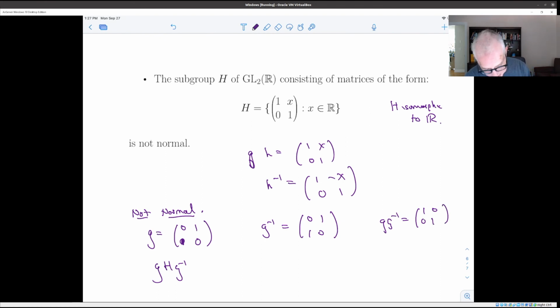And what is GHG inverse? Well, it's [0, 1; 1, 0] times [1, x; 0, 1] times [0, 1; 1, 0]. And that's equal, because G is equal to G inverse.